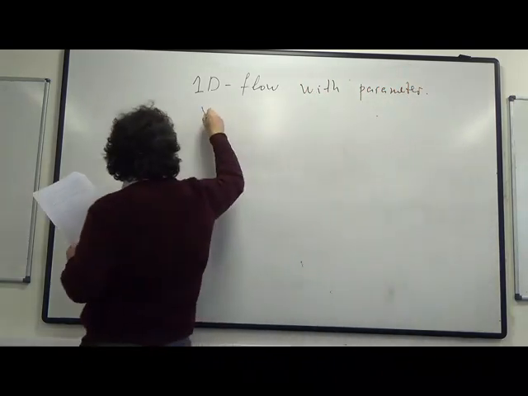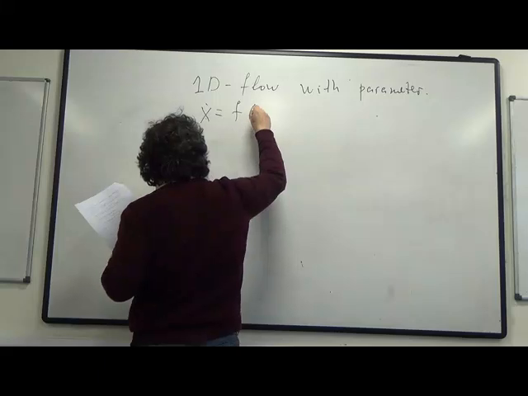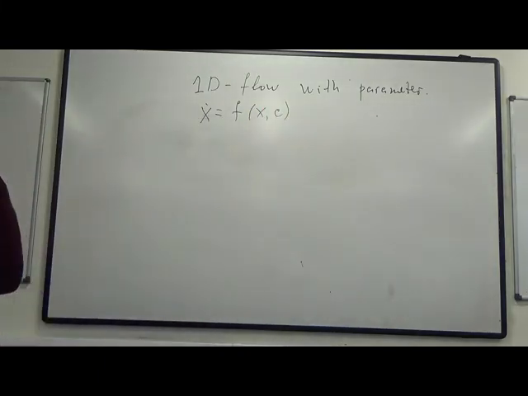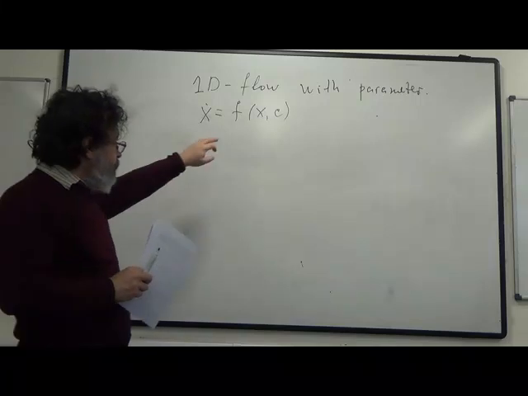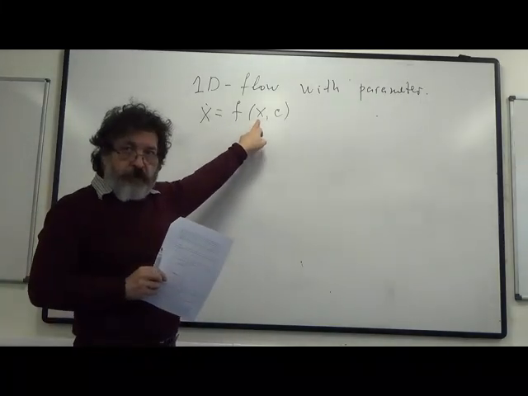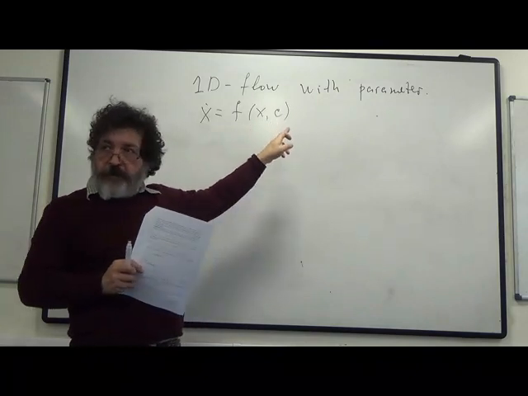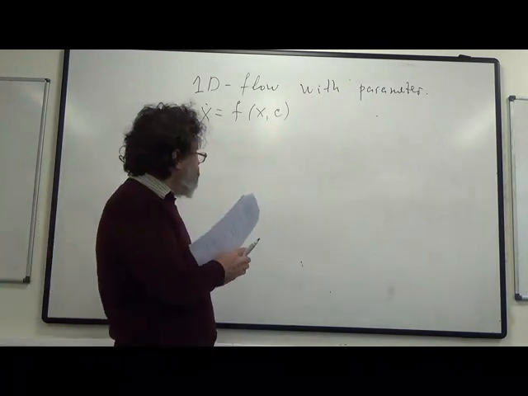So what we have is x dot equals f of x and c. Now, the fixed point depends on the value of the parameter, and its stability also depends on the value of the parameter.